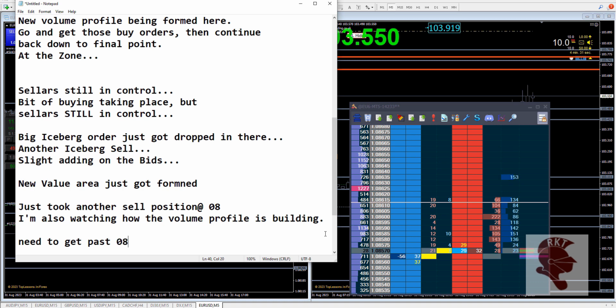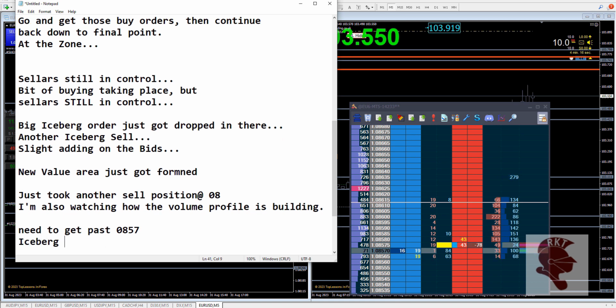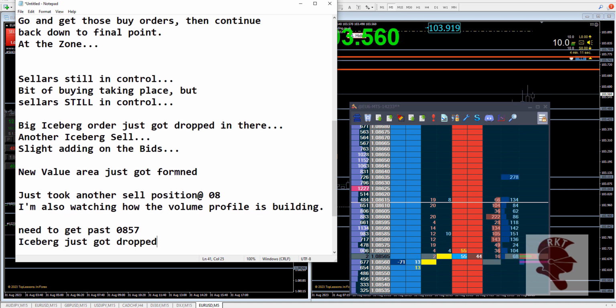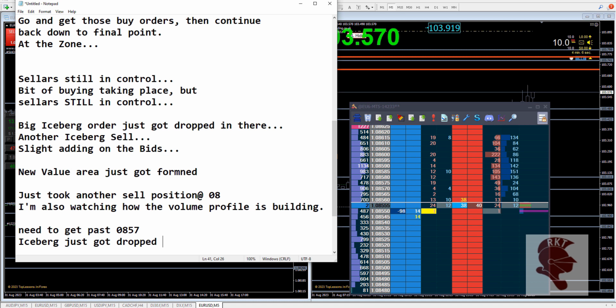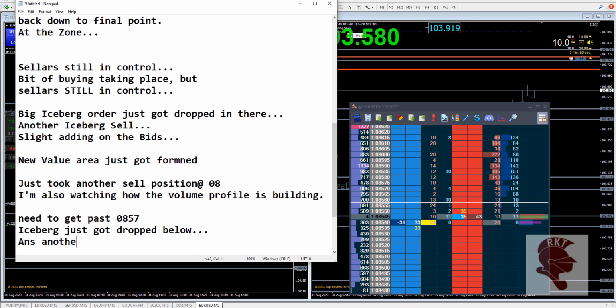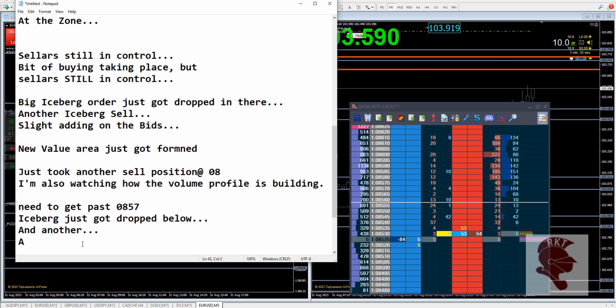Looking at the volume profile on the left. Okay, right down at the bottom there's a little green bar there somewhere, right at the bottom, that tells me that we're still going to try and test that area. When I say dot, I mean bar, right at the bottom of the volume profile.